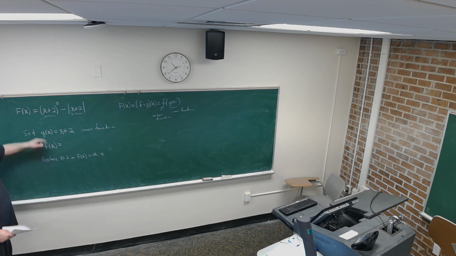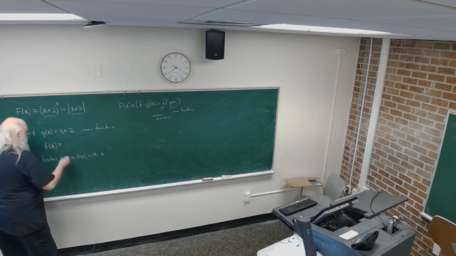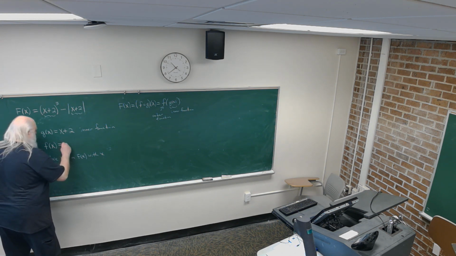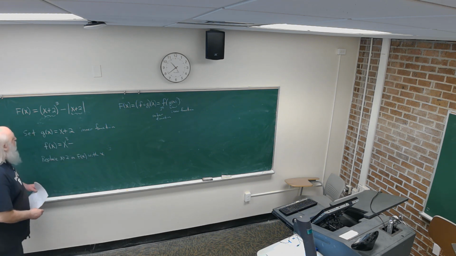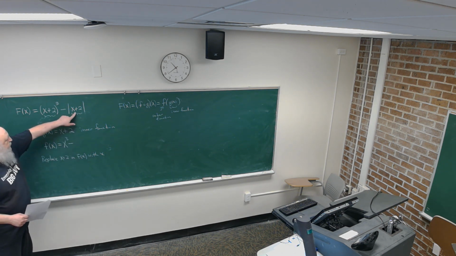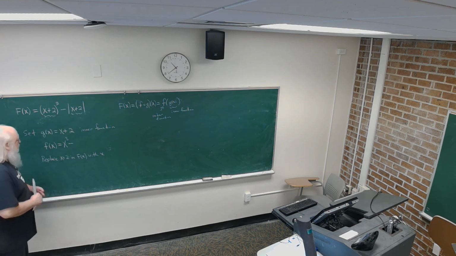So if I replace x plus 2 with x, I have x cubed. And when I replace x plus 2 with x, I have minus the absolute value of x.